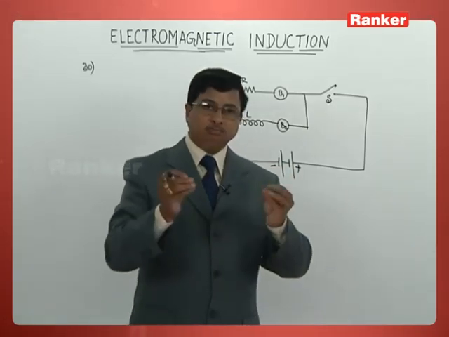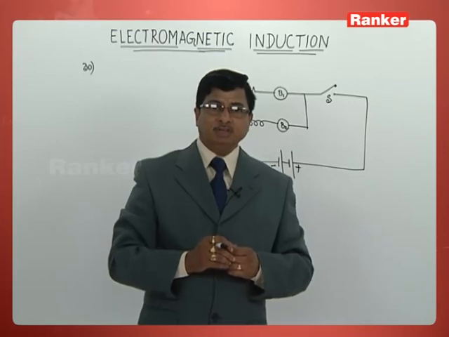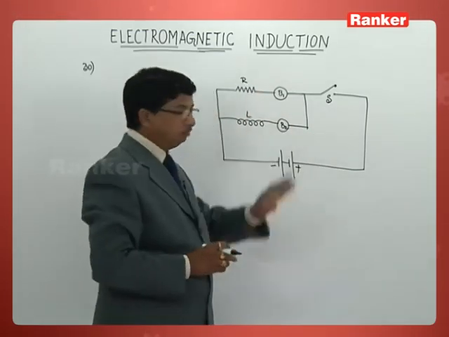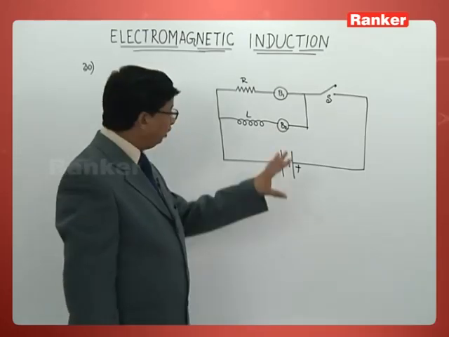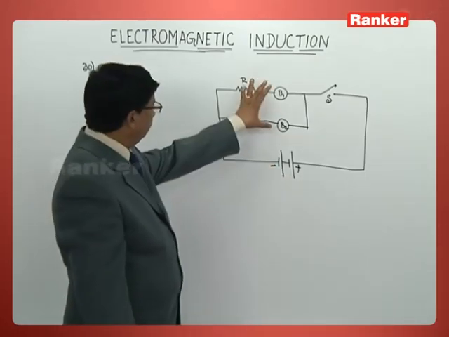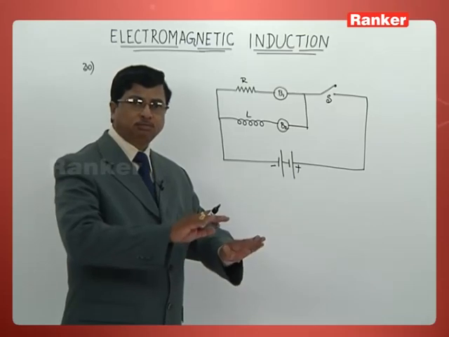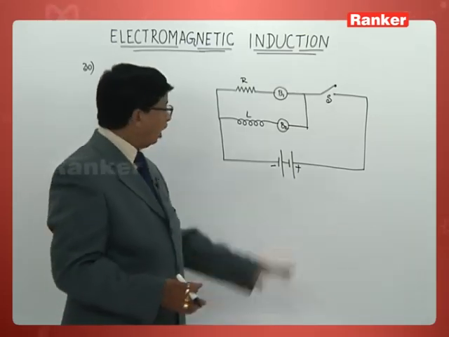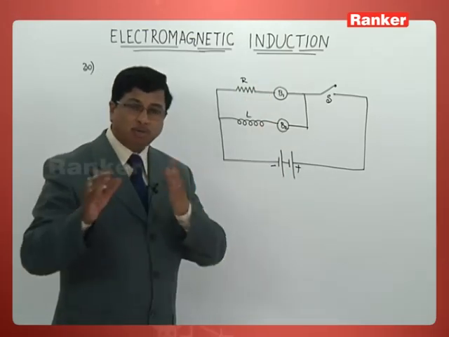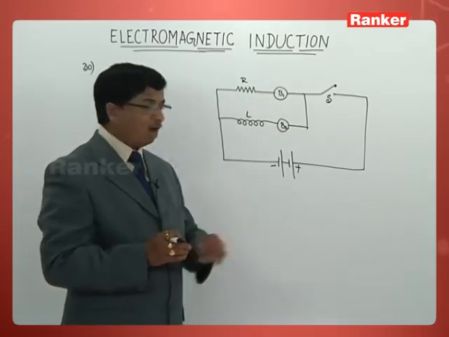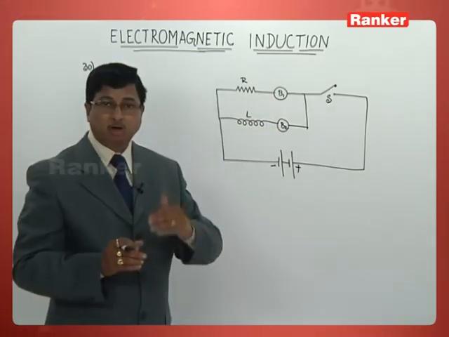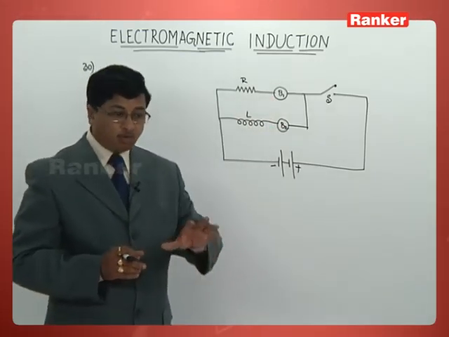naturally the bulbs glow. When the switch is turned off, what is his concept? Will both of them go off abruptly, faster, or will both take more time to come back to rest, or will one go off faster and the other take more time to go off?